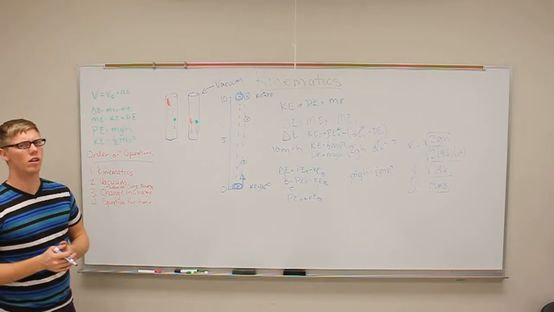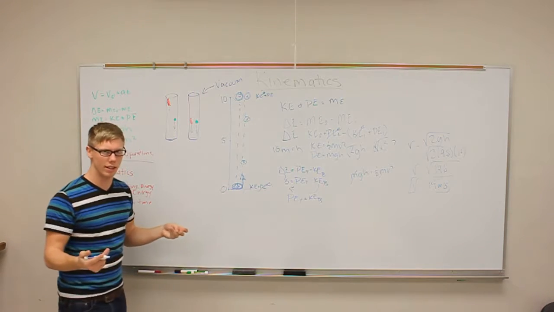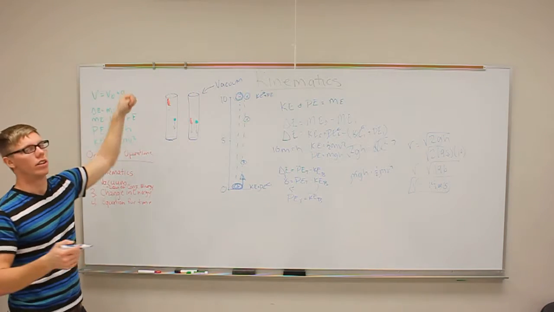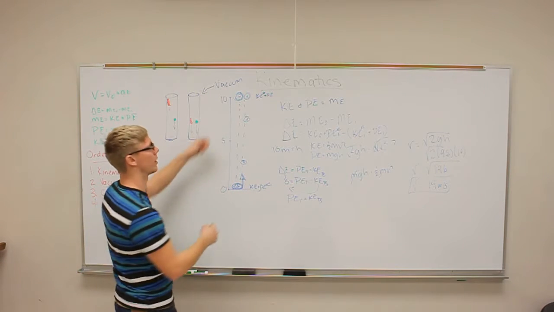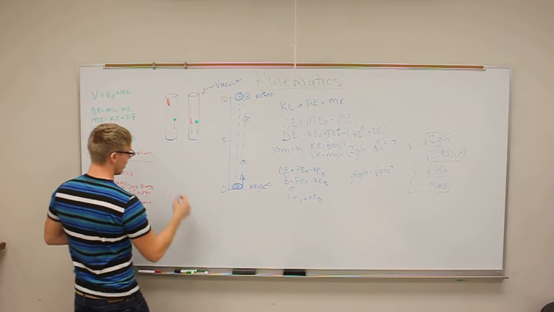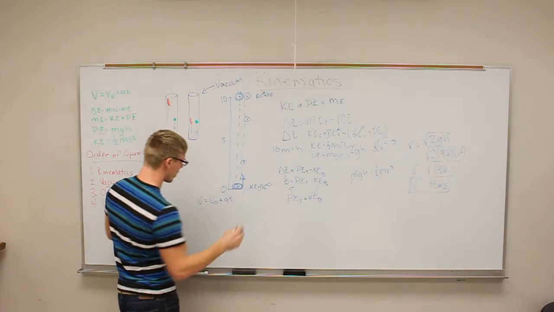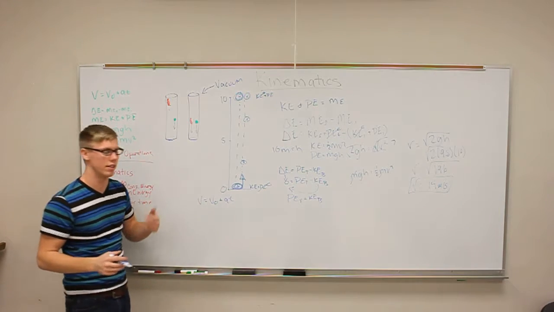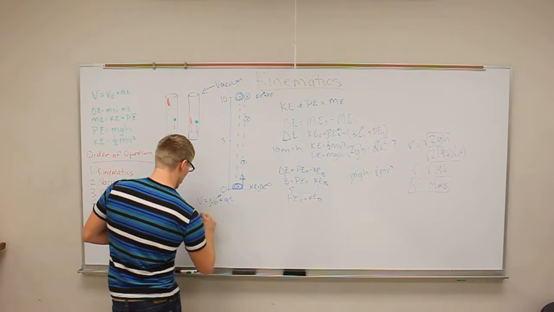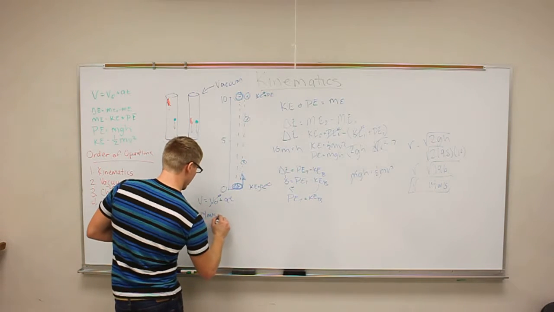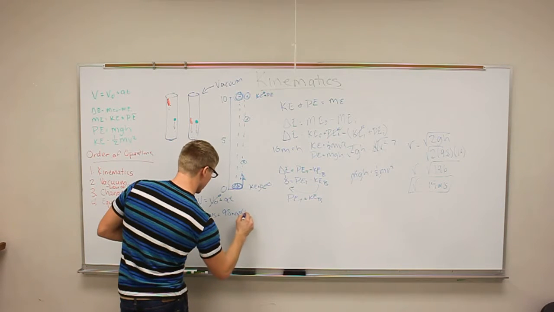What if you want to know how long it took to go from the very top to the bottom? We can calculate that as well, because now we have the beginning and final velocity, where the final is 14 and the beginning is 0. Using the equation v equals v naught plus at, where acceleration would be gravity because it is in the vertical dimension, and v naught is 0, we have 14 meters per second equals 9.8 meters per second squared times time.